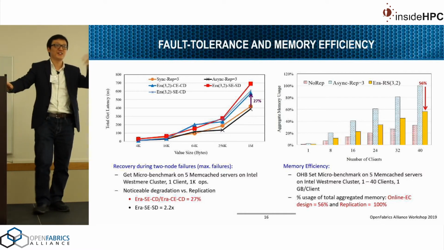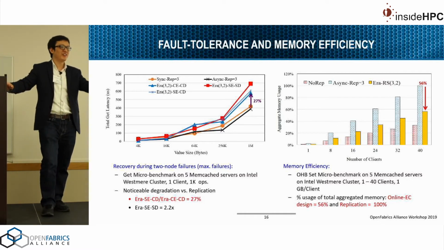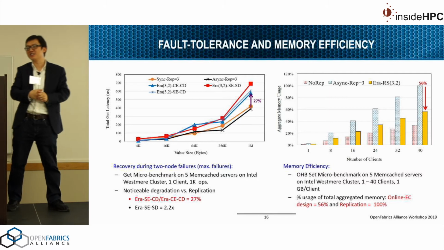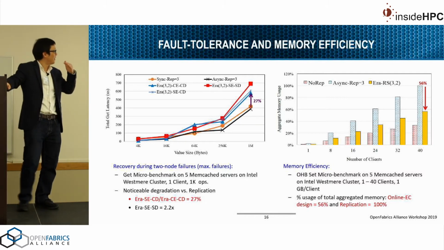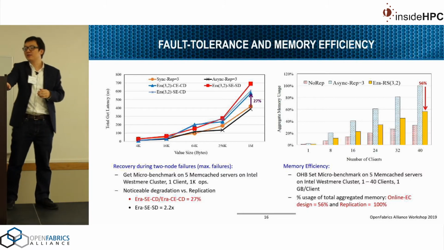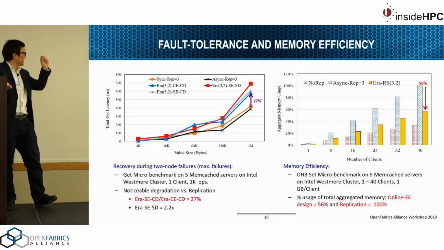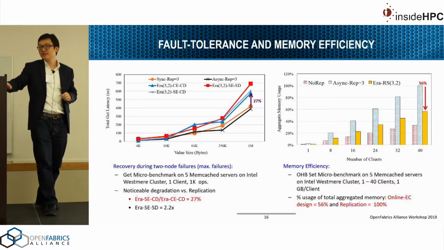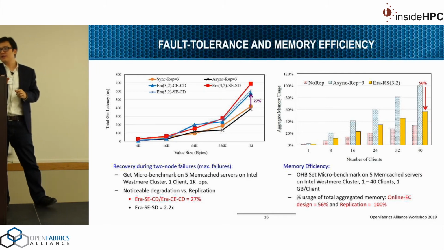Replication is easy: I just find the replica which is still there, I just read it, done. But for decoding, you have to read some chunks, come back, do the decoding, and then give the result to the application. But with our design, by hiding some of these latencies through the non-blocking operations, we are able to reduce this gap to only 27%.